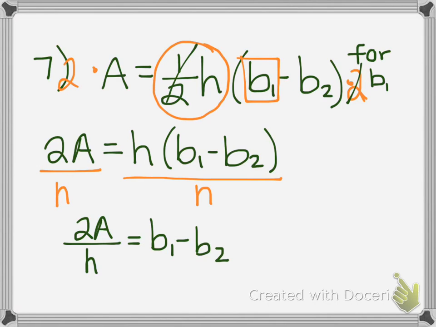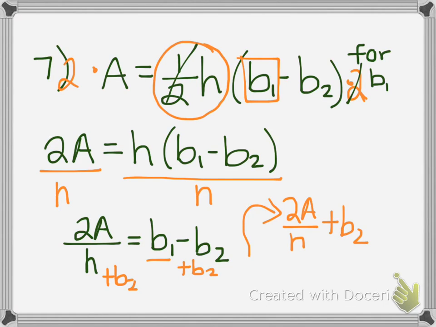And my last step, since I need b sub 1 by itself, I'm going to add b sub 2 to both sides. Alright, now be careful how you write this final answer again. We have the whole quantity 2a over h, and then we added b sub 2, so we need to write it separately like that. And this equals b sub 1.